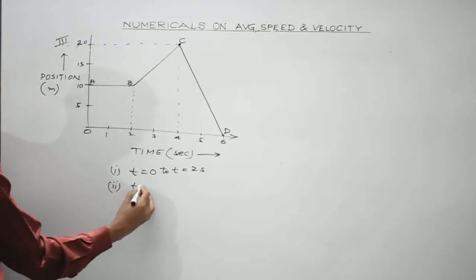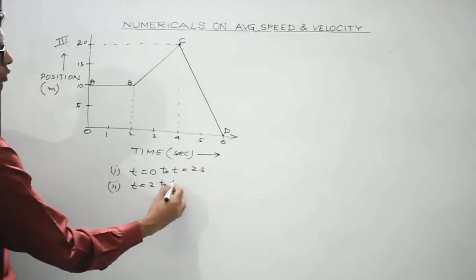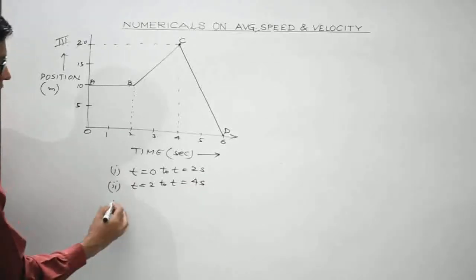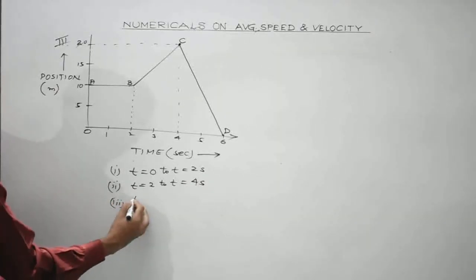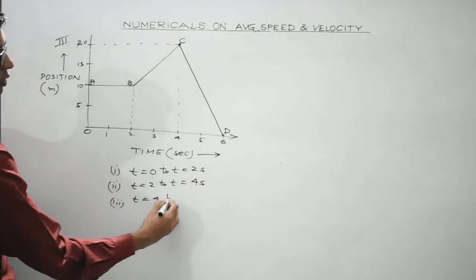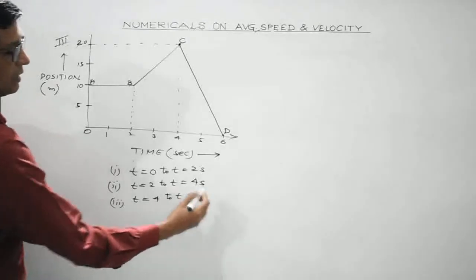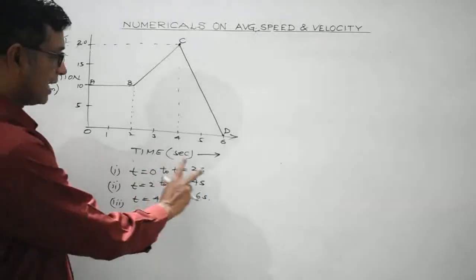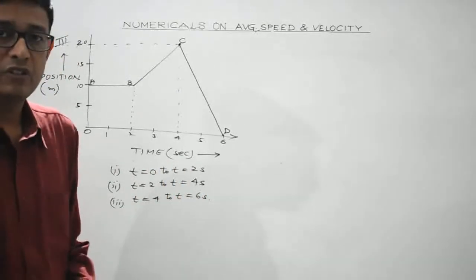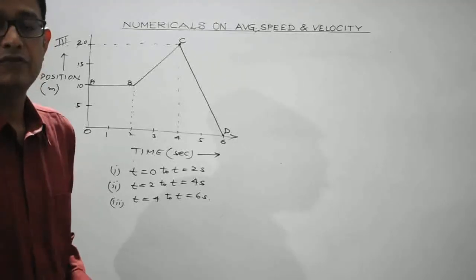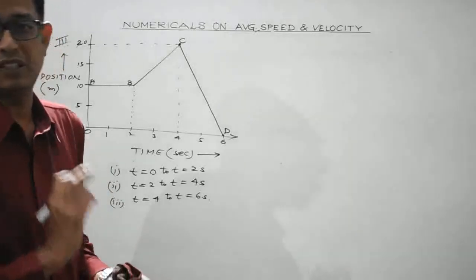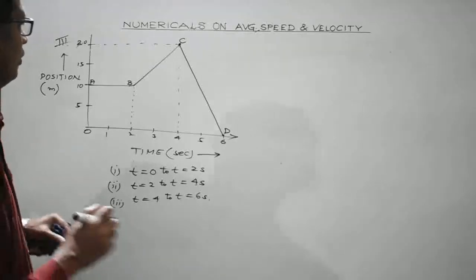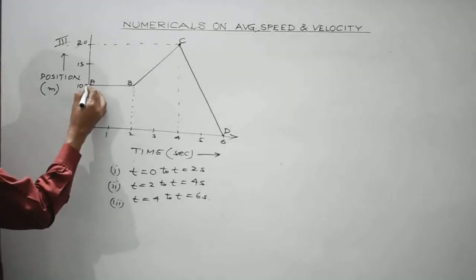Second is t equals to 2 to t equals to 4 seconds. And third is between the interval t equals to 4 to t equals to 6 seconds. These are the time intervals during which the velocity of the body is to be determined, right? So students, first and foremost, you need to write the coordinates.